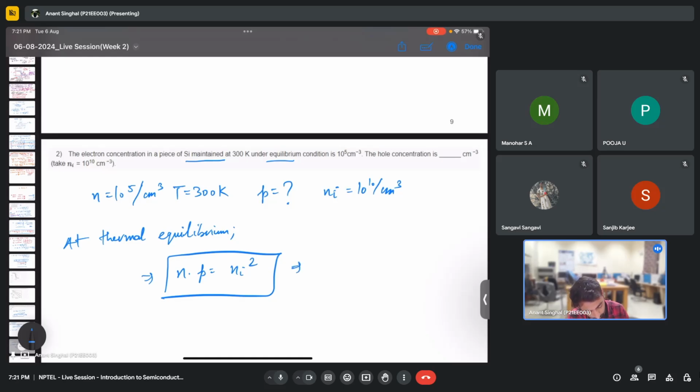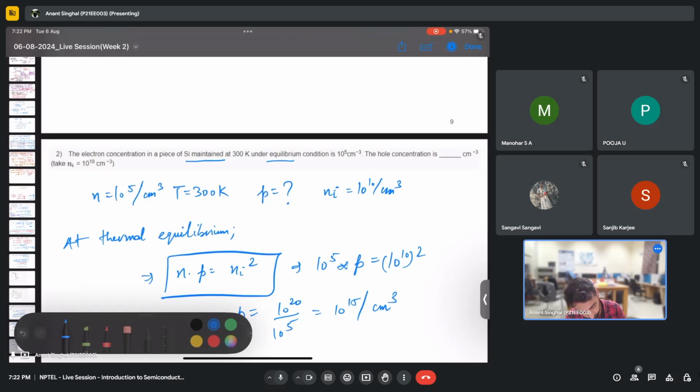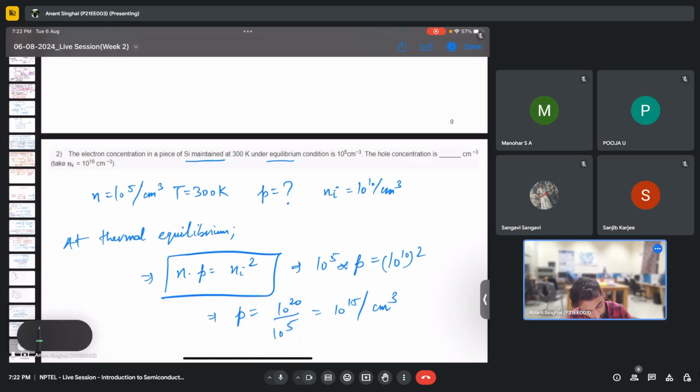So n is given, 10 raised to power 5, times P is Ni square, so 10 raised to power 10 whole square. So this will give me P as 10 raised to power 20 divided by 10 raised to power 5, that is 10 raised to power 15 per centimeter cube. So the hole concentration will be 10 raised to power 15 per centimeter cube. This is the answer.